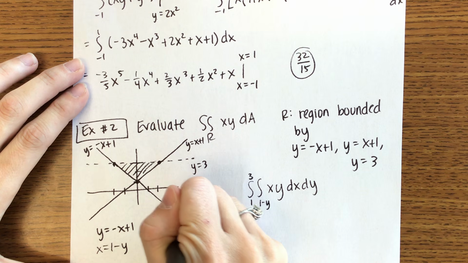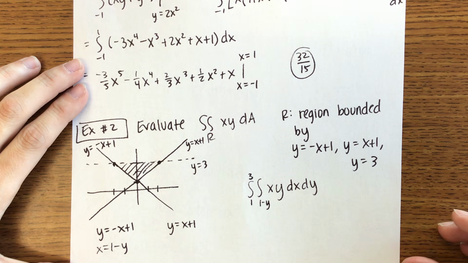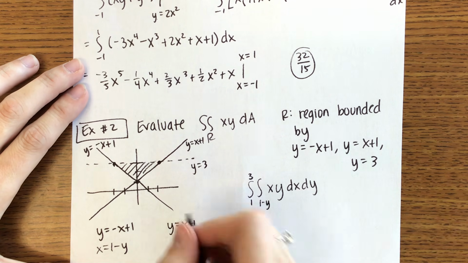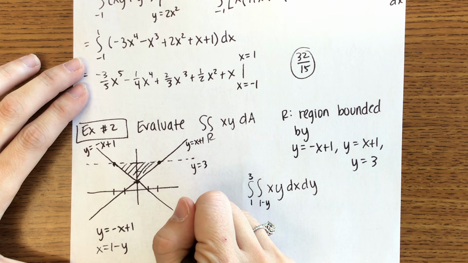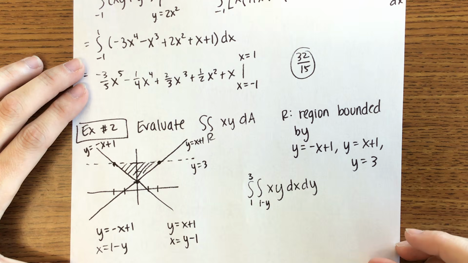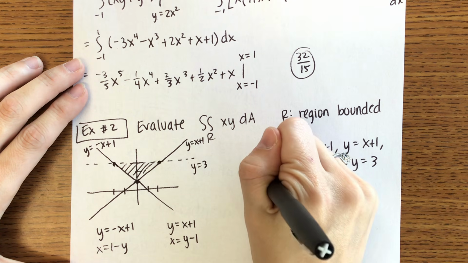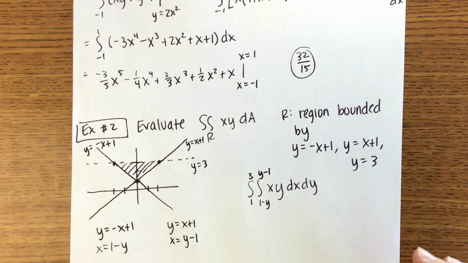Your right function is that y equals x plus 1. Has to be x equals though, so again, solve for x. So then this would be your limits of integration.